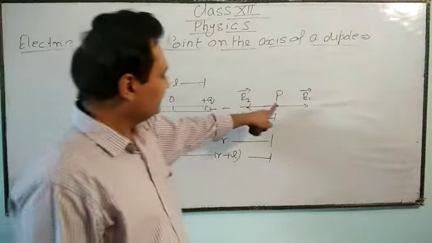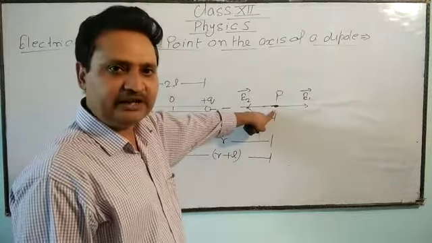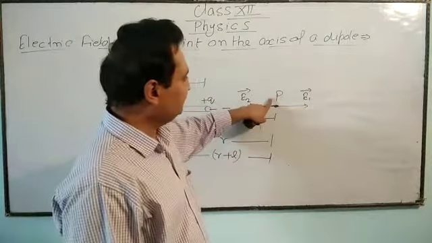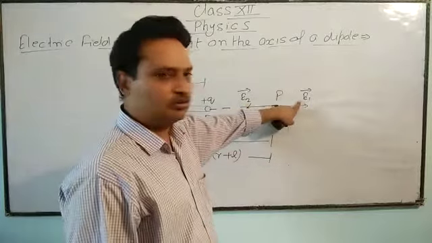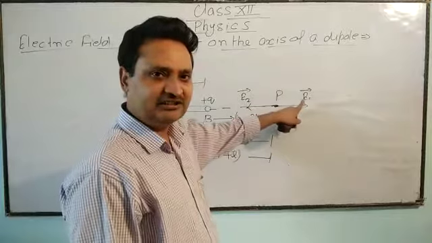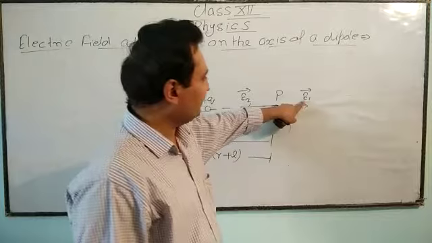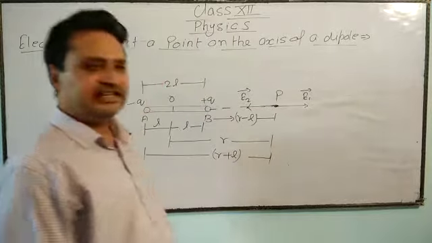Now find the resultant at the point P. The electric field at the point P is the resultant of E1 and E2. They are in opposite directions, so the resultant electric field at P is E equal to E1 minus E2.